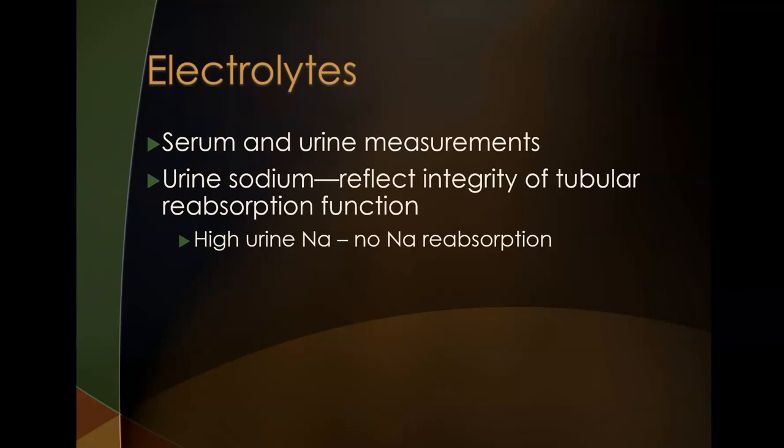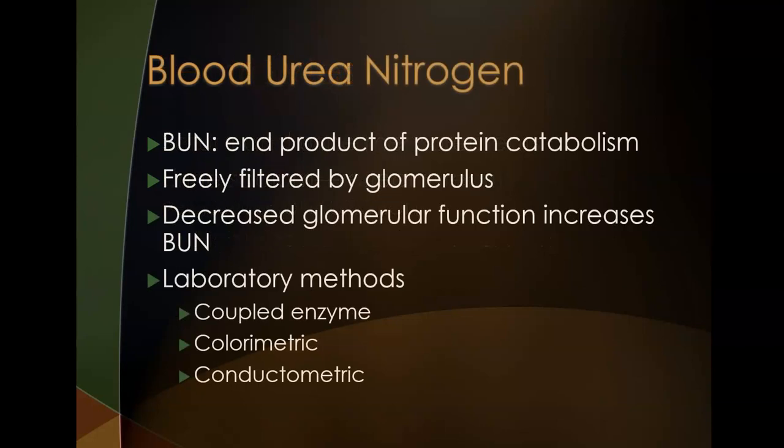So if you have a high urine sodium, that means you are not reabsorbing your sodium back into the blood, and that can be an indication of a problem with tubular reabsorption function. So a lot of your nephrologists will like to order your serum and urine measurements, and usually want them collected around the same time, or at least in the morning, so you can see exactly what's going on, kind of get a snapshot of what's going on with a patient.